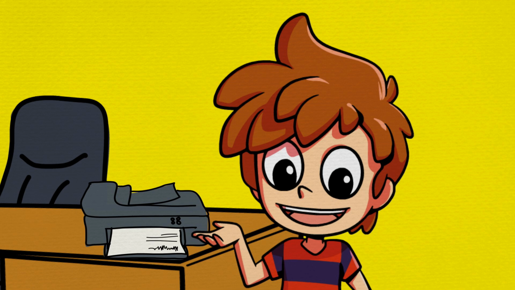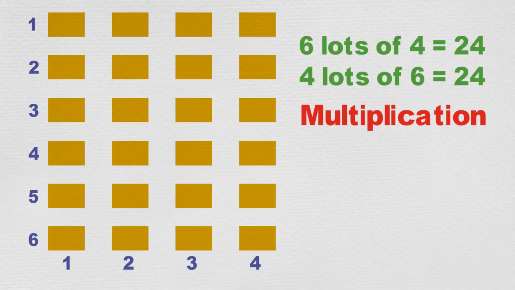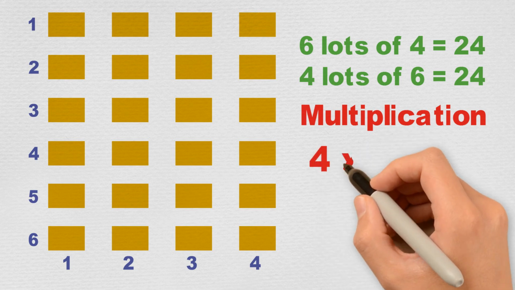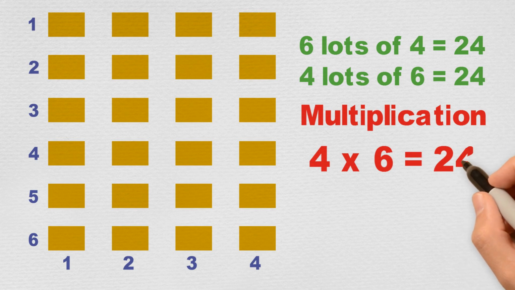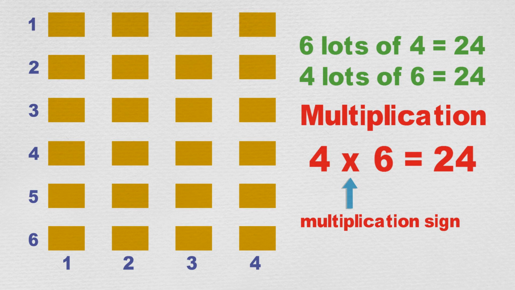But this method can be very slow as the numbers get bigger. Multiplication is a much faster method, where 4 lots of 6 equals 24 is written 4 times 6 equals 24. In maths, this is called a multiplication sign.